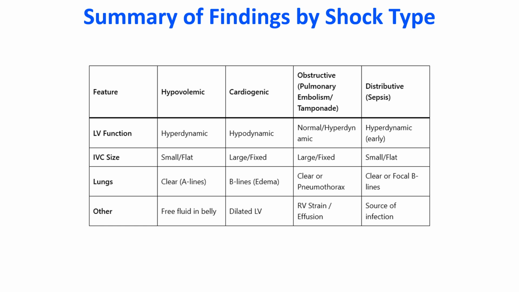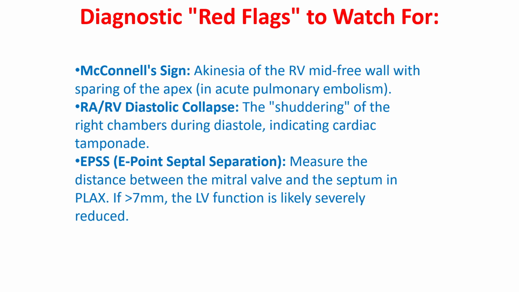Free fluid in the belly can be noted sometimes in hypovolemic shock due to internal bleeding, and dilated left ventricle may be seen in cardiogenic shock, right ventricular strain, enlargement or pericardial effusion in obstructive shocks, and in distributive or septic shock you may see source of infection. Here are some diagnostic red flags to watch for.